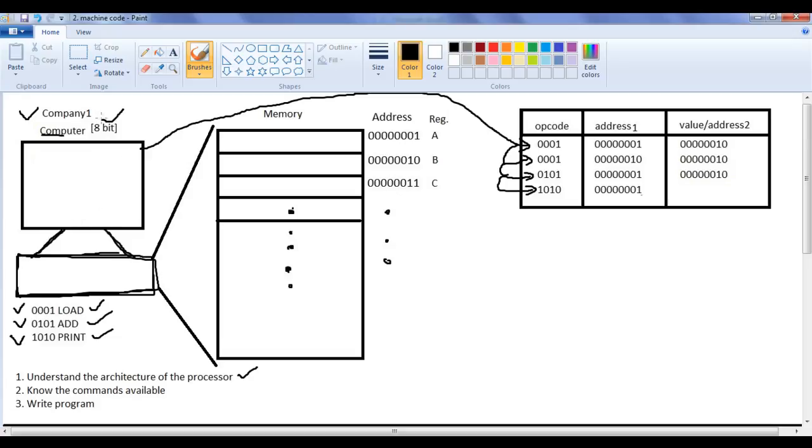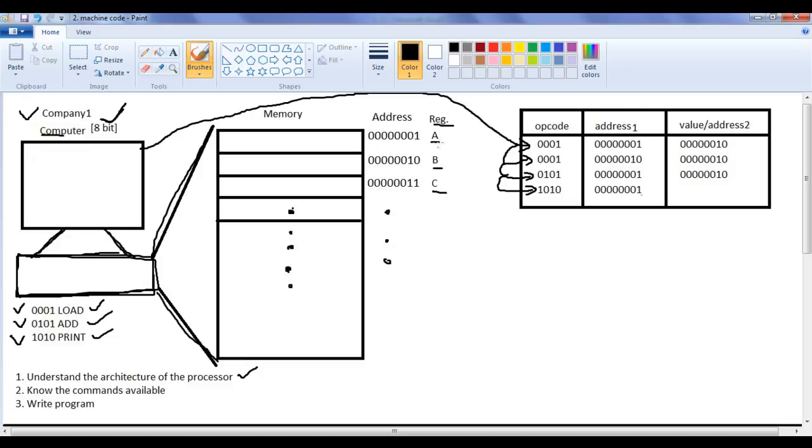In the architecture we know that it is an 8-bit computer, and of course it has some memory. You can see that, and here we have different registers of that computer. Just assume that there is a register called A, a register called B, a register called C, and each register has some address.